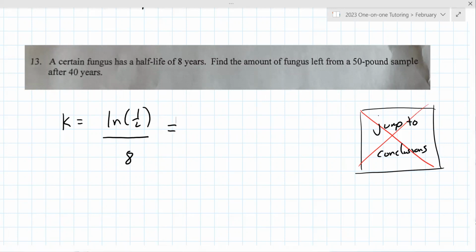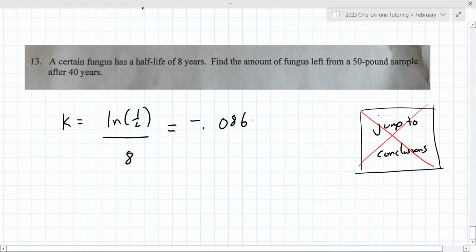You're probably going to want to round to 4 decimal places. We're shortcutting this one a little bit just because I want to make sure we get through it, but it's minus 0.0866.